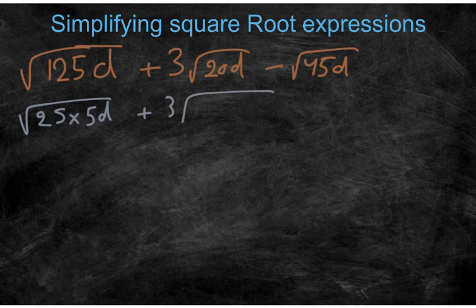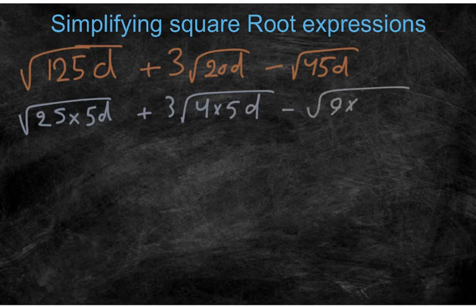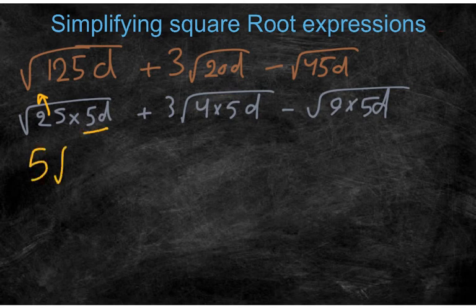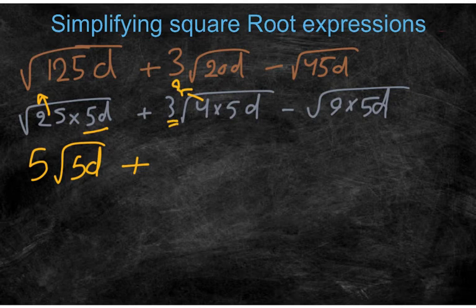Plus 3 square root 20, we can write it as 4 times 5d. Minus 45, also it's 9 times 5d. 25 out of the square root will be 5. We keep 5d inside the square root. Plus 4 out of the square root will be 2. We multiply it by this number, it will be 6 square root 5d.